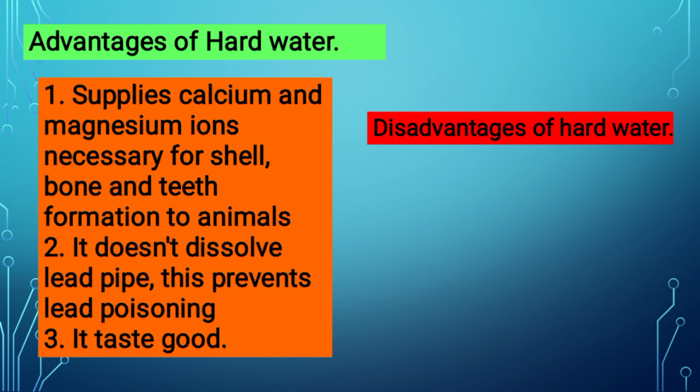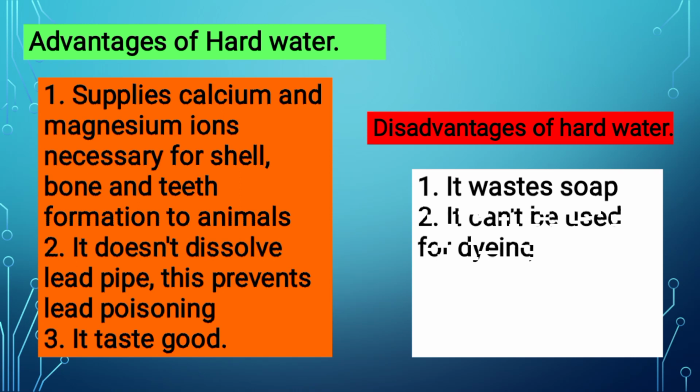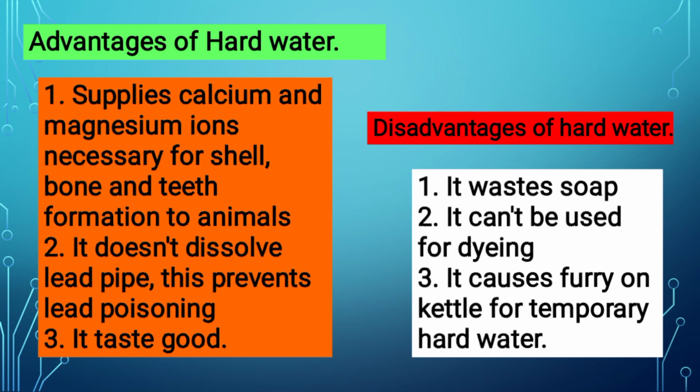Disadvantages of hard water. We have something like it wastes soap. Actually, that's the definition of hard water, that it will not allow soap to lather easily. It can be used for dyeing, even in tanning. It causes fur on kettles for temporary hard water.